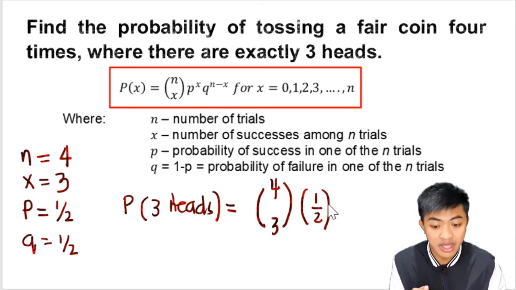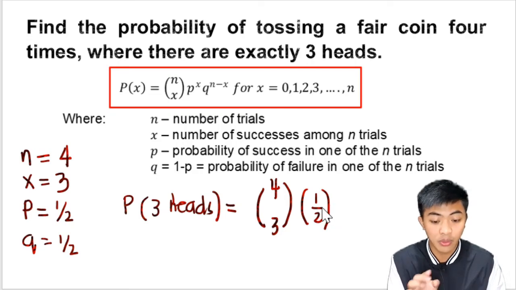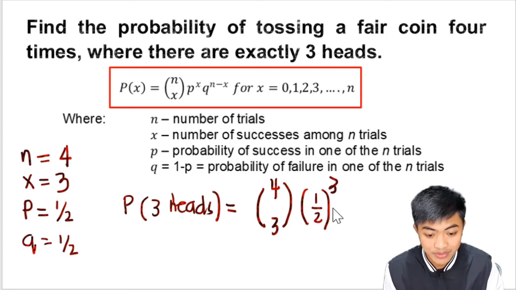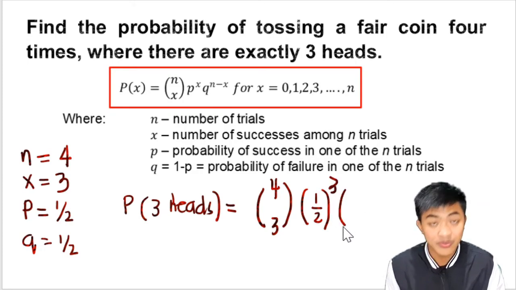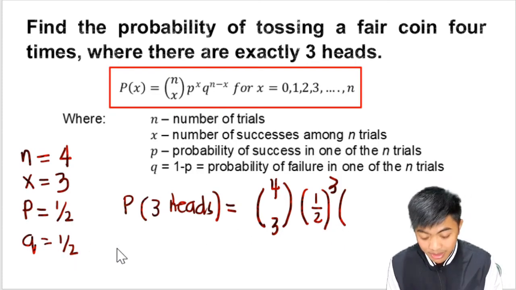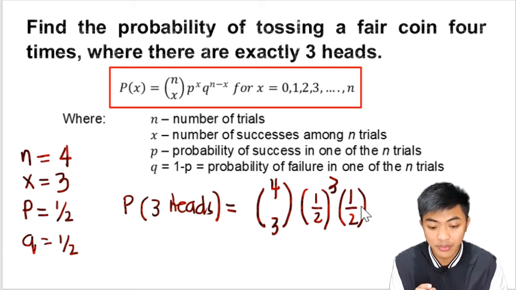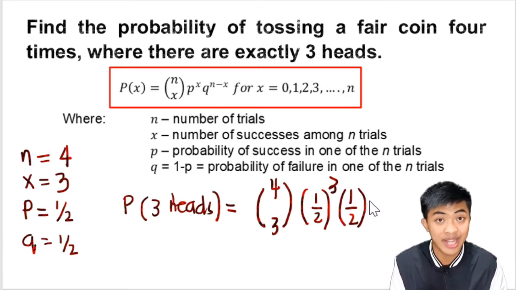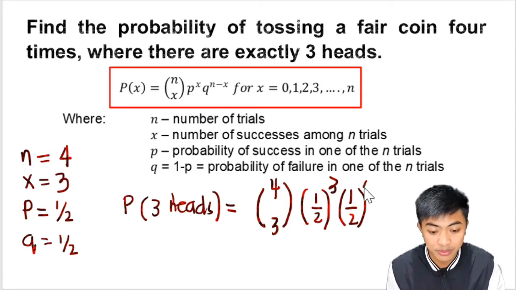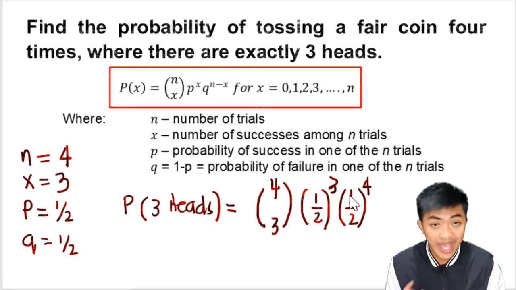And that p is raised to x. So yung 1/2 raised to x, yung x natin ay 3. So let's place 3 there. And then we have here q, the probability of failure, and that is 1/2. So we're going to substitute 1/2 in place of q. And then that 1/2 is raised to n minus x. Yung n natin ay 4. And then yung x natin ay 3.